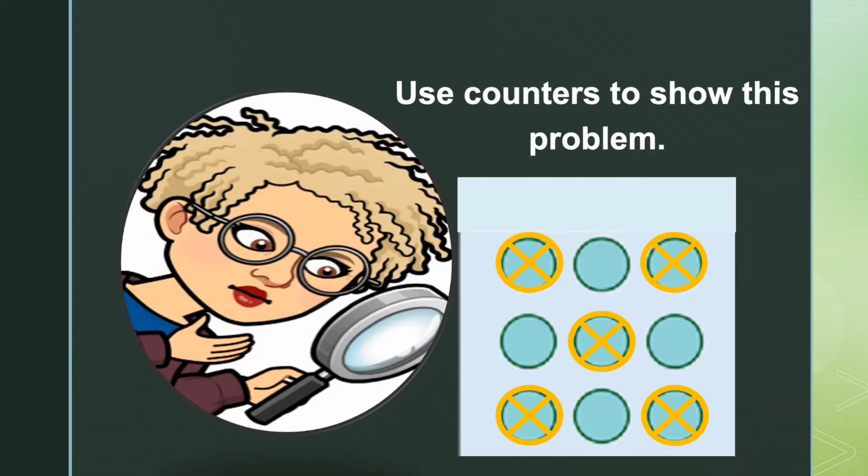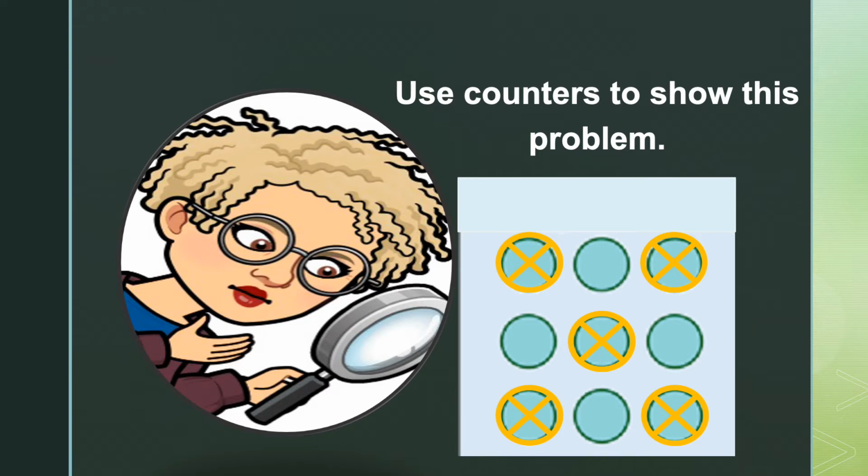What about if we use counters? We would need to gather up 9 counters. Can you see the 9 blue counters? Do you remember what we must do to show how many we are taking away? If you said put X's on that amount, you are absolutely right.